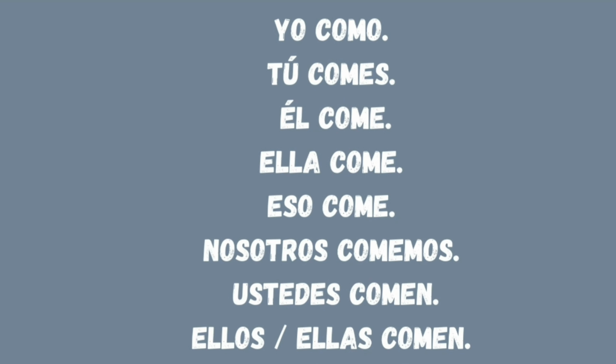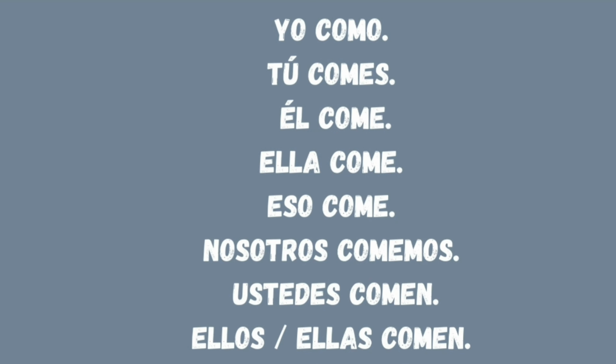So let's start to see the conjugation in present simple, okay? So we have yo como, that means I eat. Tú comes, you eat. Él come, he eats. Ella come, she eats. Eso come, it eats.